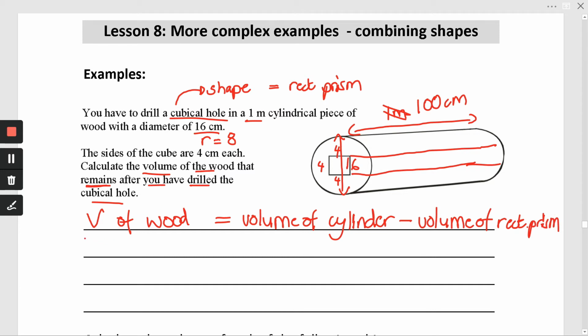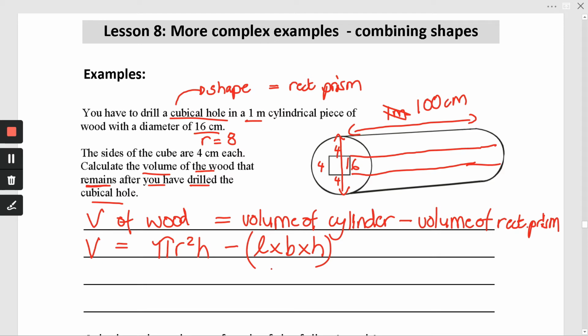Okay, so that means my volume of wood, I'm just going to call that V for now, is going to be, what is the formula for cylinder? It's going to be pi r squared h minus the length times breadth times height, which is that rectangular prism.